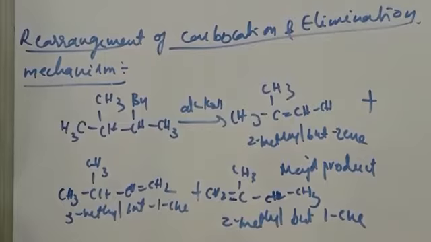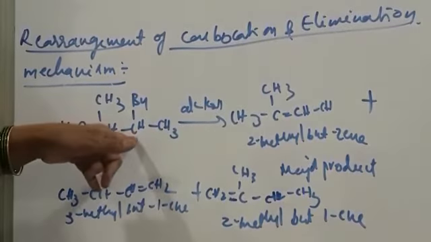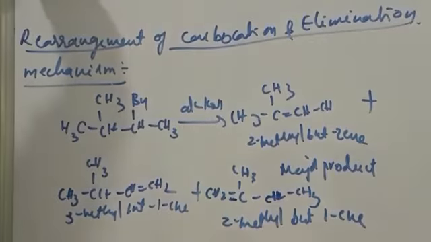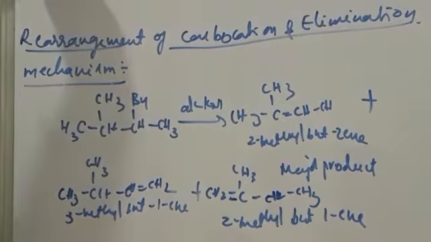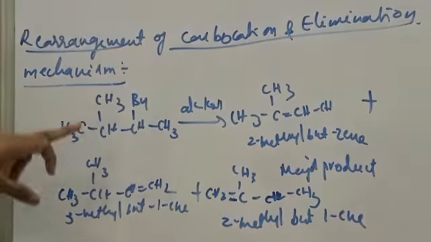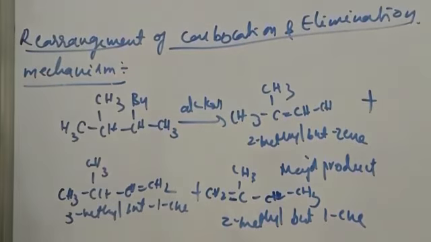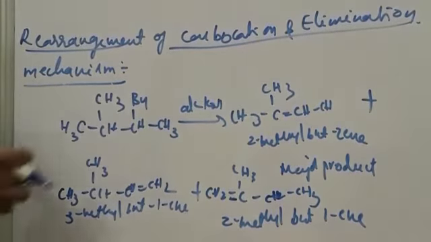And here we take a secondary alkyl halide. This is a tertiary alkyl halide. Okay. So this general example is tertiary butyl chloride.